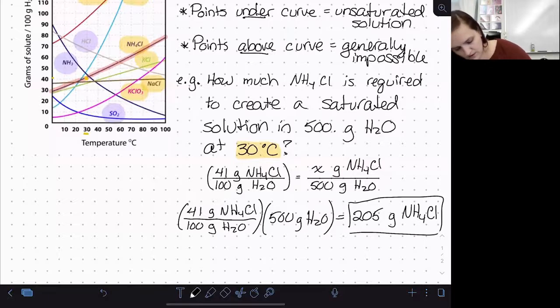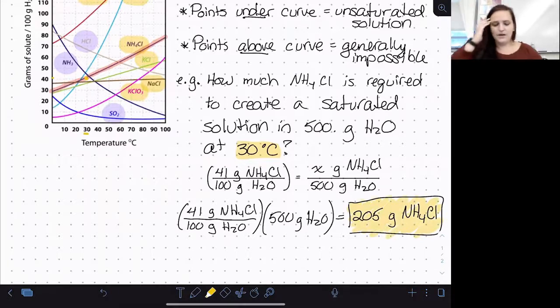So the other way you can think about it is essentially if 41 grams can go into 100 grams of water, I'm using 5 times as much water, I can dissolve 5 times as much stuff. So either way we'll arrive at the same answer. For things that aren't nice integers like that, it's nice to be able to set it up this way. But that's the general idea.